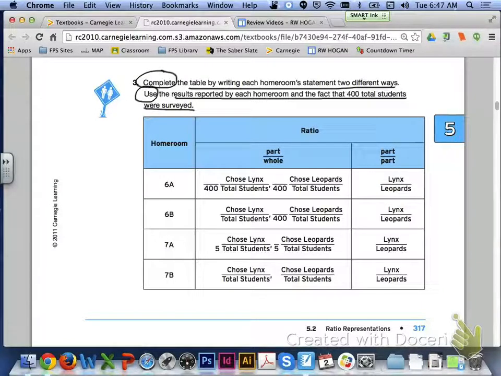So remember that 400 total students were surveyed. If you look at the table, you're going to look at the part-to-whole relationship in this section, and you're going to look at the part-to-part relationship in the column on the right. So go ahead and get that table filled out with your group members.